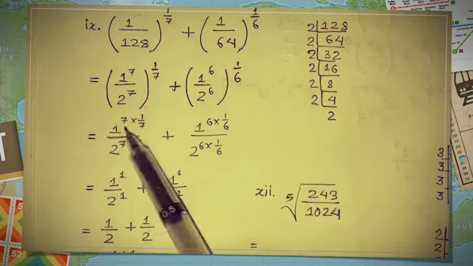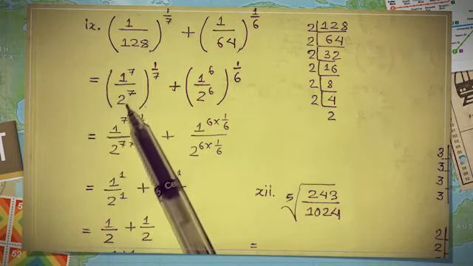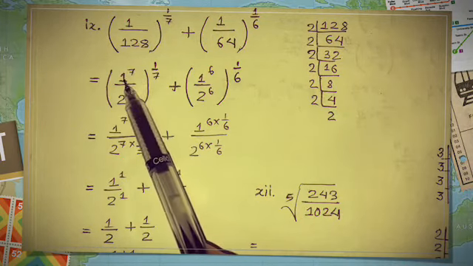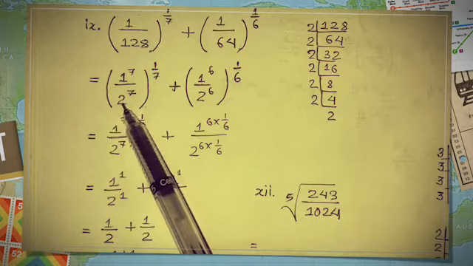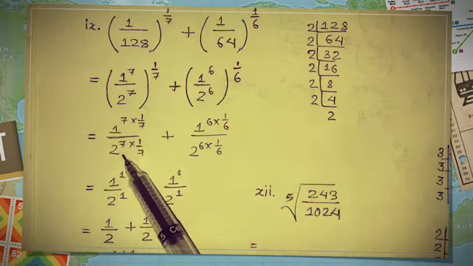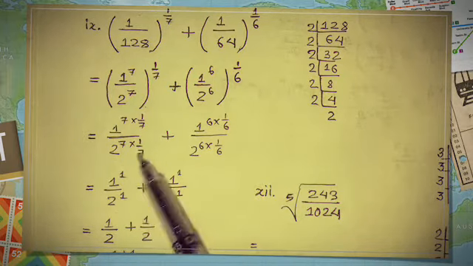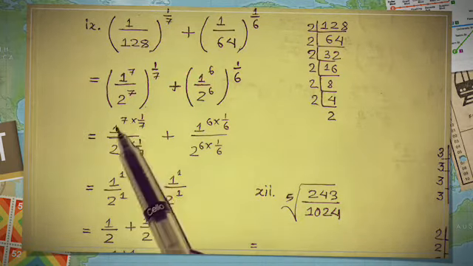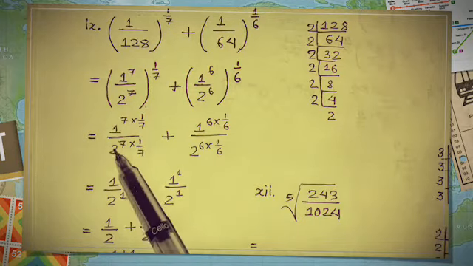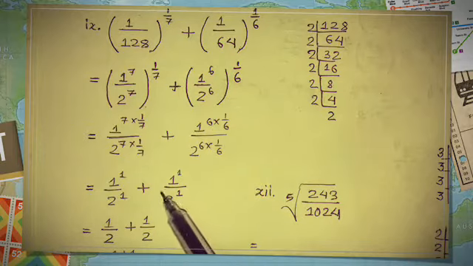So this 1 by 7 is the power of this whole bracket, so it belongs to the numerator also and the denominator also. It is applied like this here. After that, 1 to the power 7, the 7s cancel, 1 left, and here the 7s cancel, 2 to the power 1 left, and the same is here.